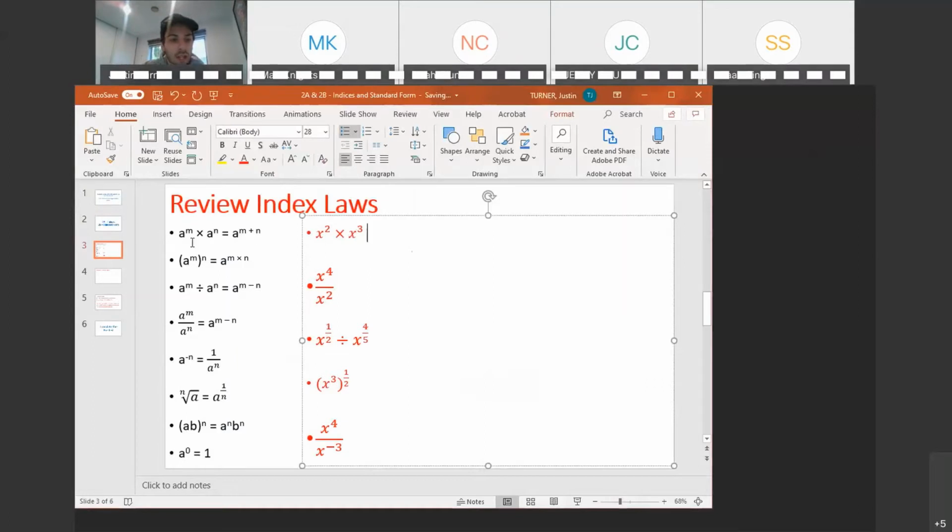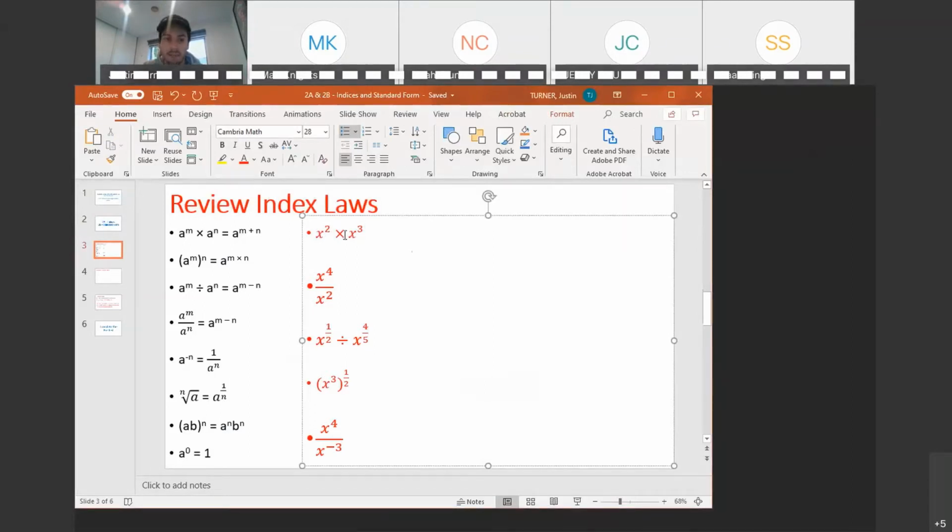When you're doing index laws, you'll notice that in each of these general examples, I've used the base number as a. So the base needs to be the same number. Or in these examples, we've used x. So say if you had 5 to the power of 2 multiplied by 4 to the power of 3, you can't really simplify that unless you actually work them out.